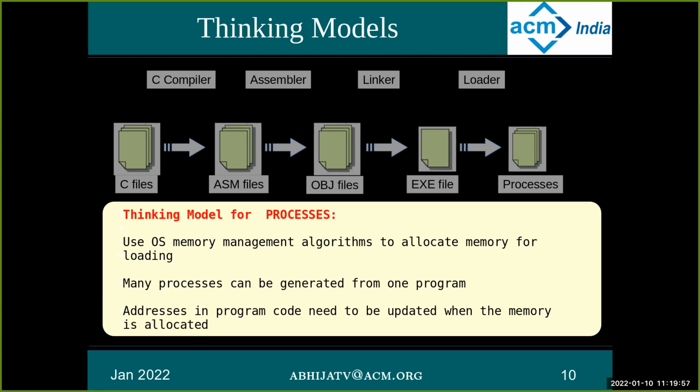This means that once I write a binary, if my addresses are fixed, then where that binary must exist in the primary memory is fixed. If I have such very rigid memory addresses, then I cannot take this binary and load it elsewhere. So that I can relocate this, I need an ability to generate the addresses in the program code, get them updated when the memory is actually allocated. This is what relocation is about.